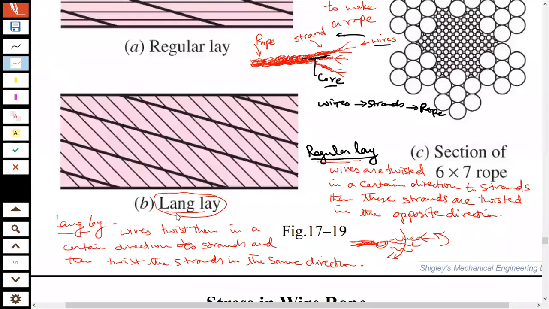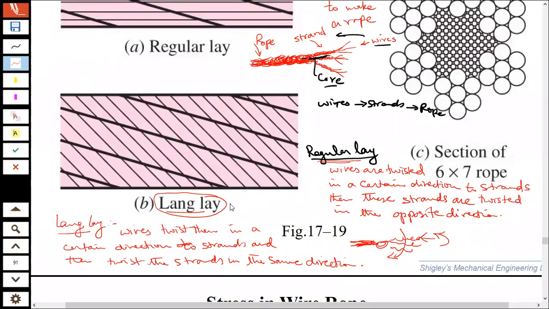Now, this is something where you are going against the natural tendency of the strands, because they would want to twist in the other direction, and you are forcing them to twist against each other in the opposite direction.